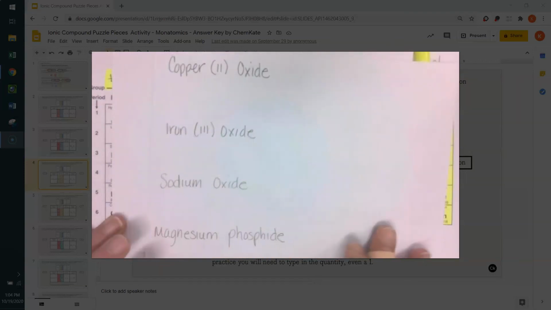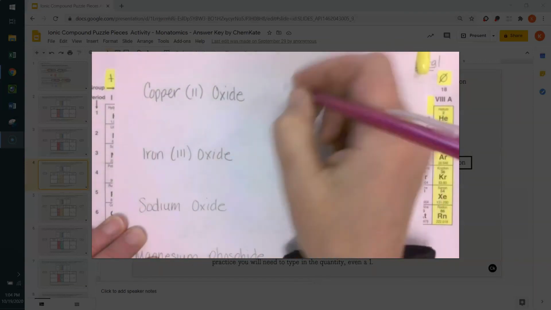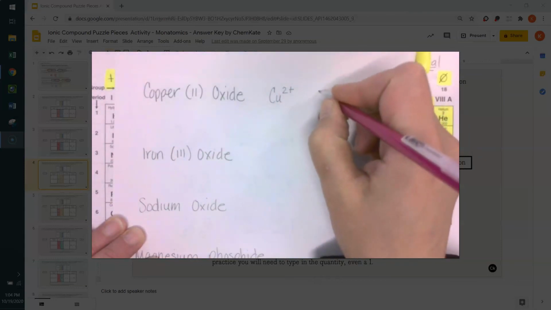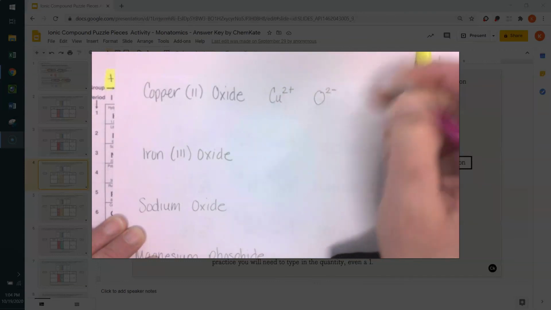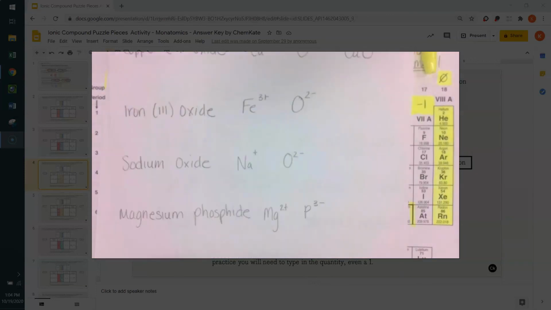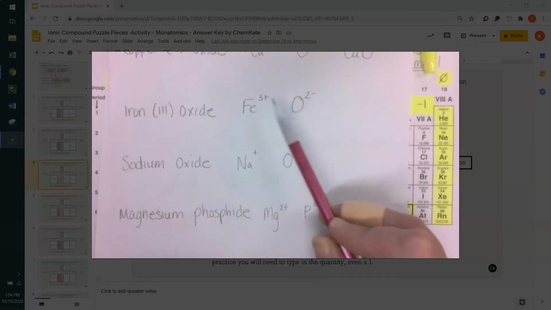As we move further on, here we have copper 2 oxide. Copper 2 is a Cu2+, and oxide for oxygen is O2 minus. Again, they are electrically neutral and therefore become CuO. Now for the last 3, I cannot stress enough the importance of checking to see if your ions cancel each other out.